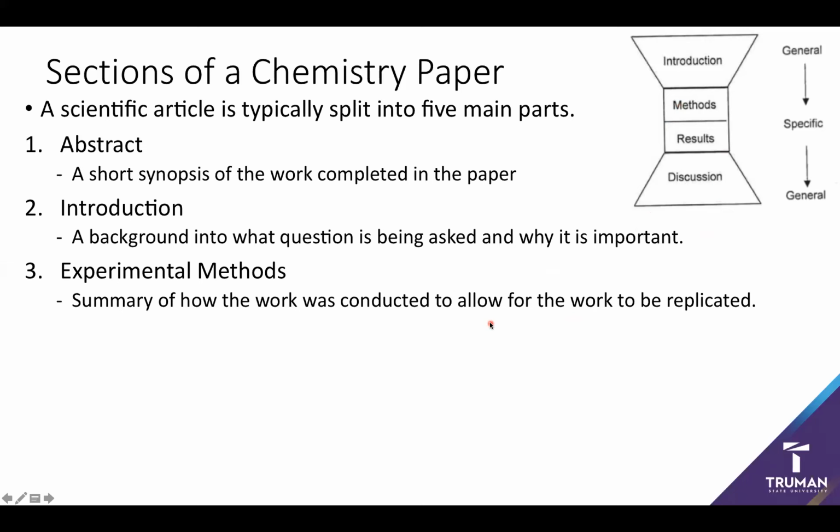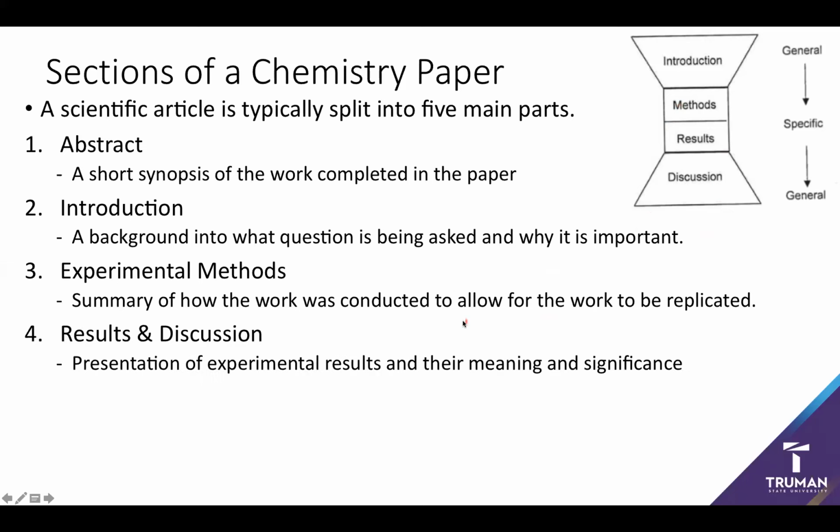And this is essentially the gold standard for what should be in the methods section: enough to replicate their general results. Then, now that I know how they got the results, you're going to present a general summary of what results you found and essentially what they mean. Now, at this point, you've gone deep into the details of the system.